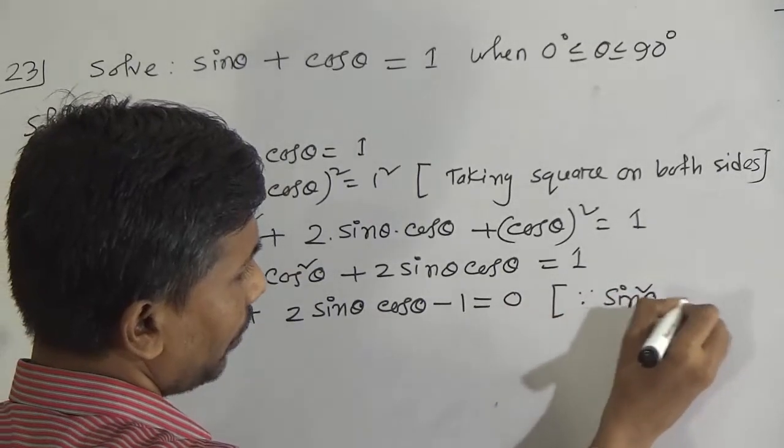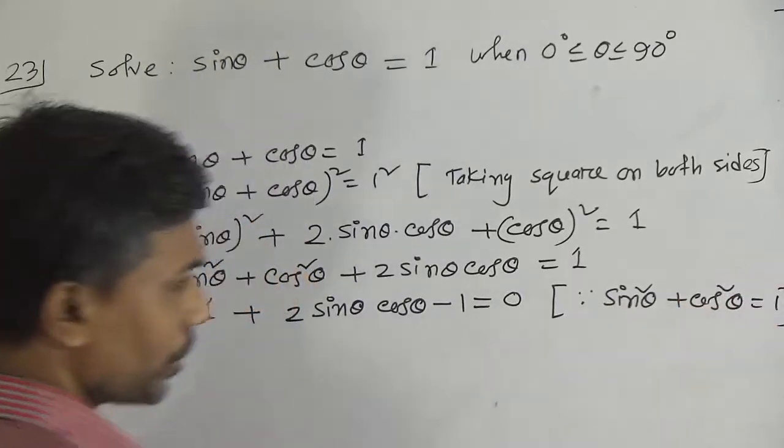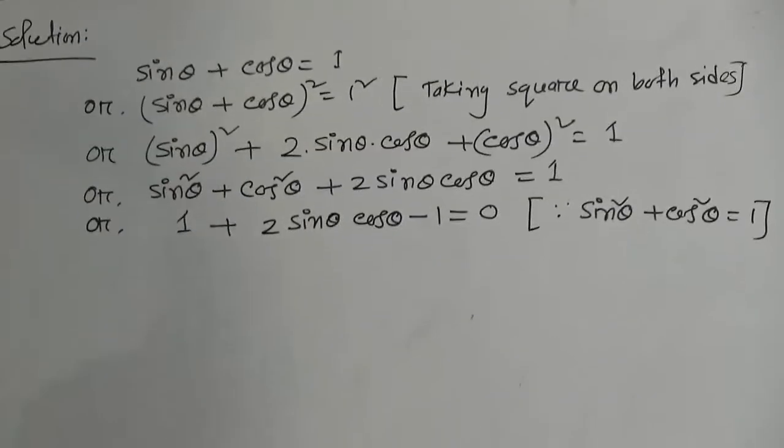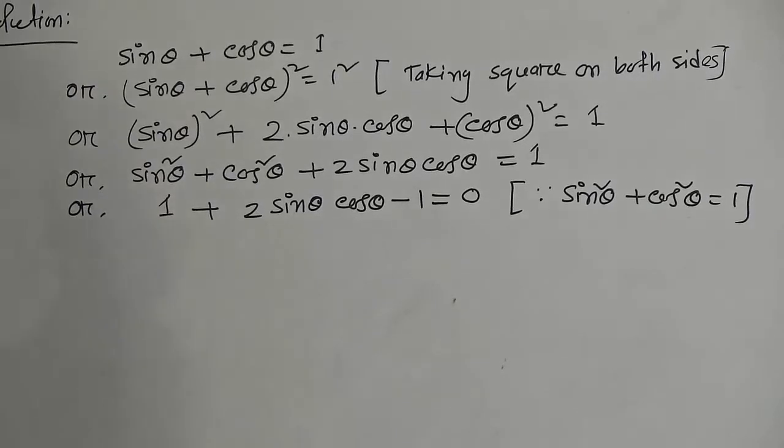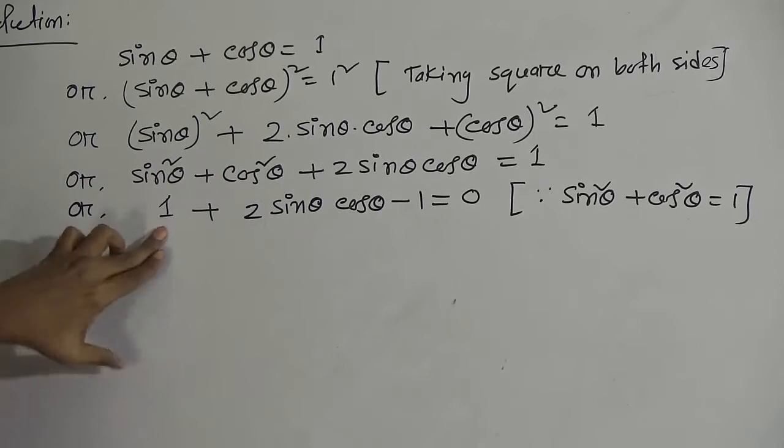Okay, student? We know this formula, sin square theta plus cos square theta equal to 1. So I have put here sin square theta plus cos square theta equal to 1.